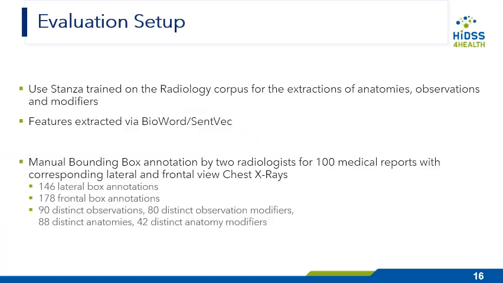For the evaluation of this use case, we use Stanza trained on a radiology corpus for the extraction of anatomies, observations, and its modifiers. We extract features via BioWordVec or BioSentVec, and we create a small manually annotated bounding box-based dataset, which is annotated by 2 radiologists, which went over 100 medical reports and annotated the corresponding bounding boxes in both the frontal and lateral view.